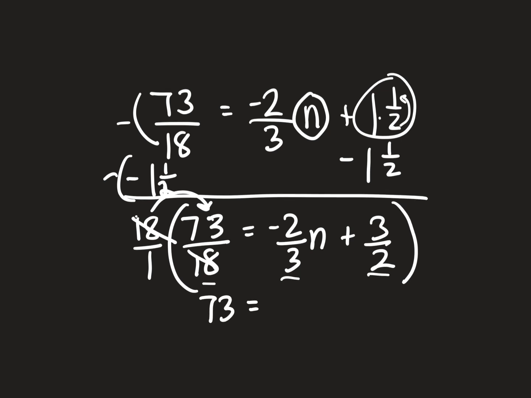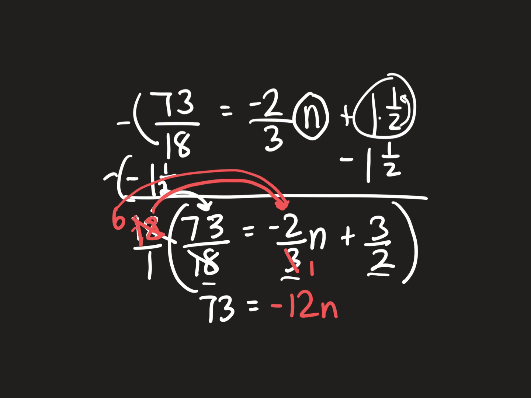When I take 18 over 1 times negative 2/3, I'm going to change my color here, then I have 18 times negative 2, which is negative 36, divided by 3 is negative 12n. You can also say 3 into 3 is 1, 3 into 18 is 6, and then 6 times negative 2n is negative 12n.